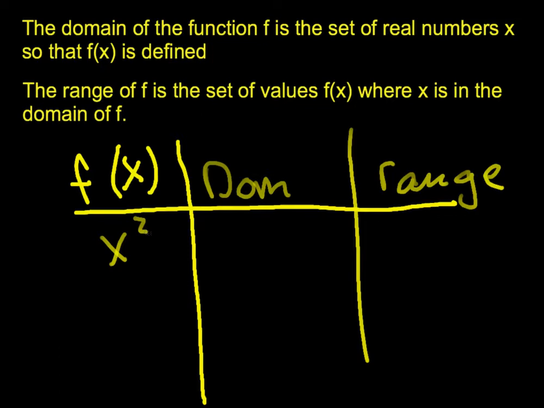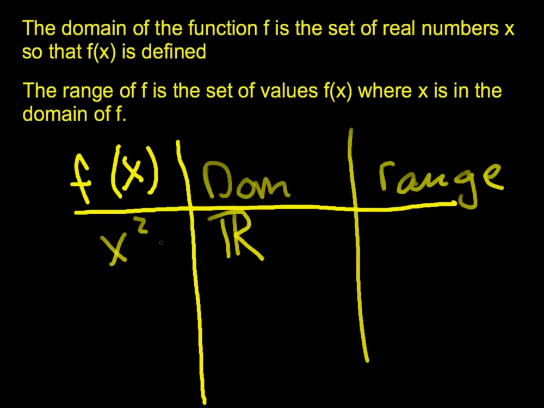For x squared, oftentimes when you want to think about the domain of a function, you want to ask yourself, where is it undefined? I know it's backwards, but when you want to know where a function is defined, the best way to start is to ask yourself, where is it not defined? And x squared, you can square every single number in the universe. So the domain is going to be all real numbers. Now, when talking about range, you want to ask yourself, what is the output?